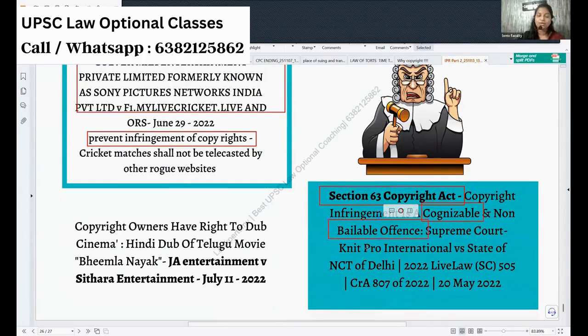So even without the order of the court, they can arrest you. Without an arrest warrant, they can arrest you and investigate you. And when you go to court for bail, you cannot ask for bail as a matter of right, because it is a non-bailable offense. Okay, that was declared under Section 63 and was also reinstated in this particular case law.